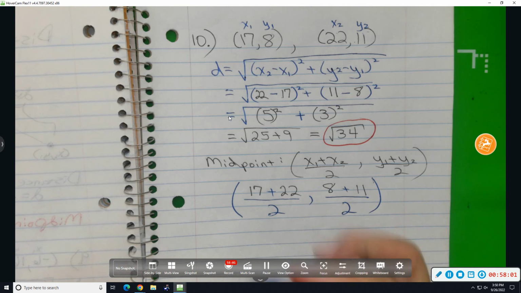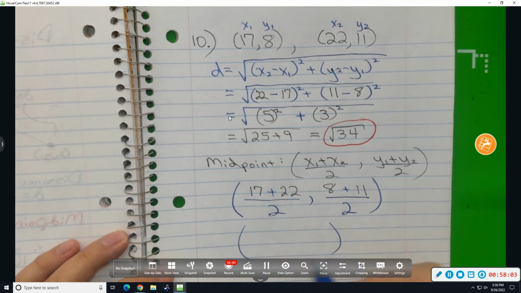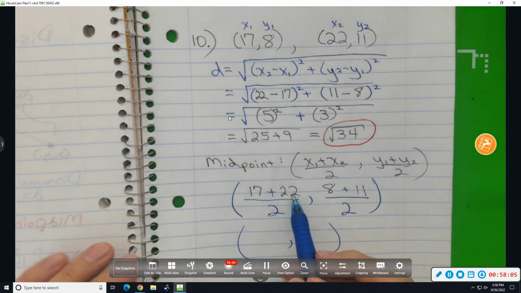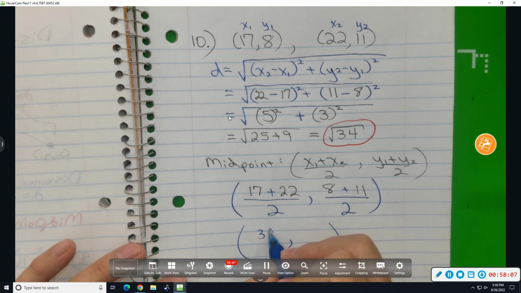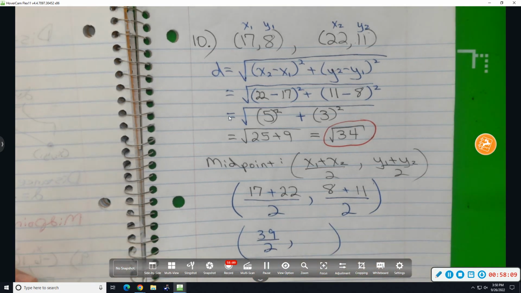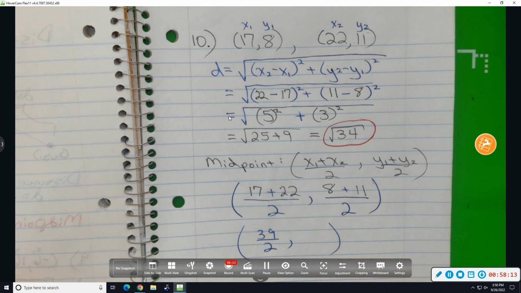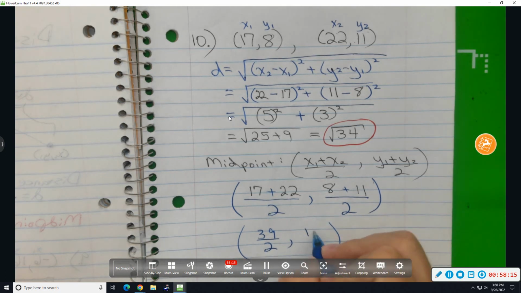So we have parentheses, 17 plus 22 is 39 over 2. What are we going to have for the y coordinate of the midpoint? 19 over 2.